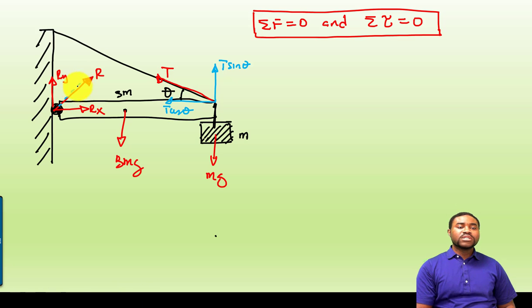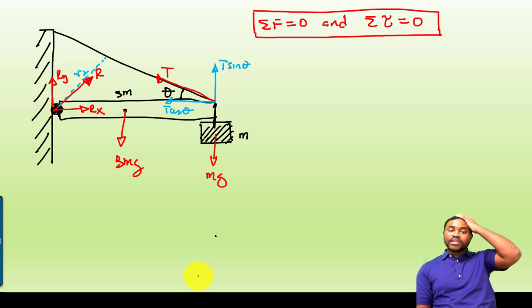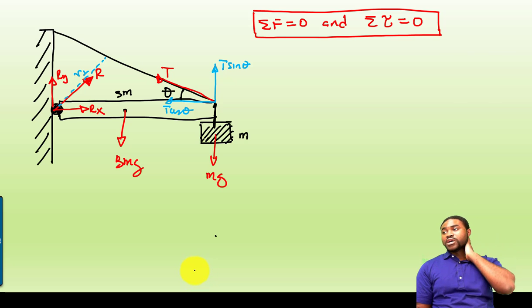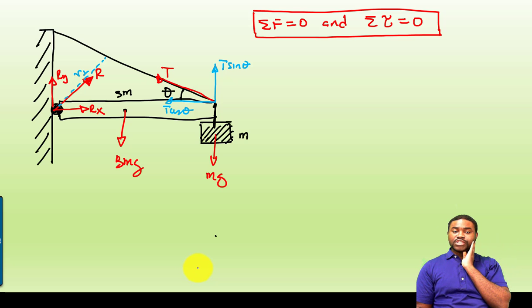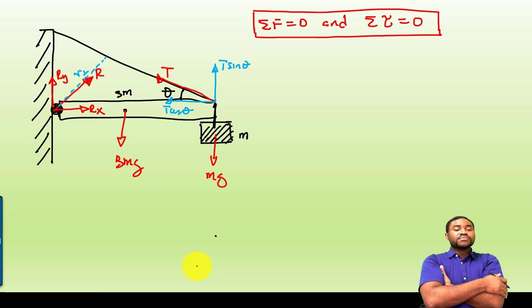Now, the distance from here to here is the lever arm for the tension. So the first target is for us to calculate the tension in the string. And for us to calculate the tension in the string, we need to use the fact that the sum of torque about any point on the system will be what? 0.